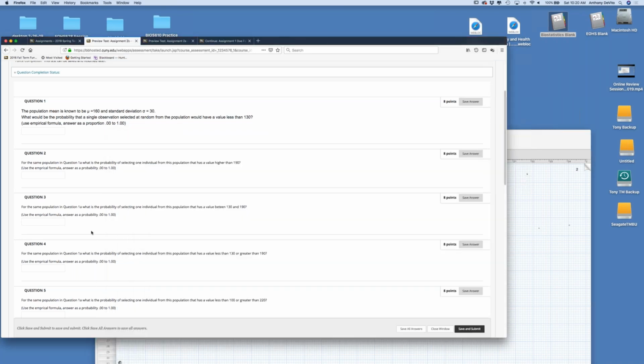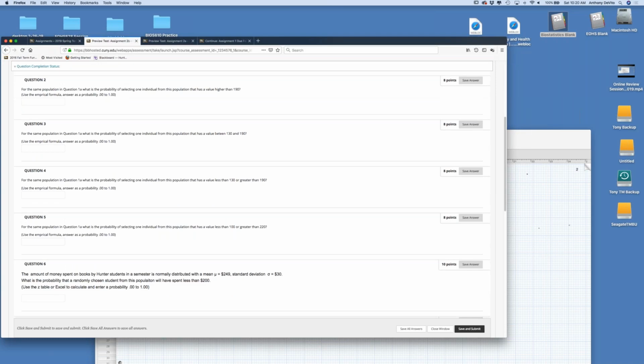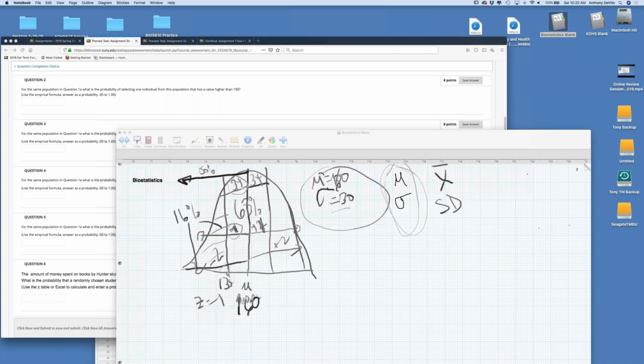The person that asked about this was asking about this last one. For the same population, question 1A, what is the probability of selecting one individual from this population that has a value less than 100 or greater than 220? So 100, where would 100 be? There's a formula I can use.